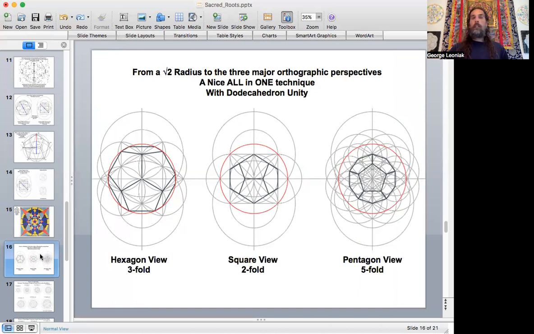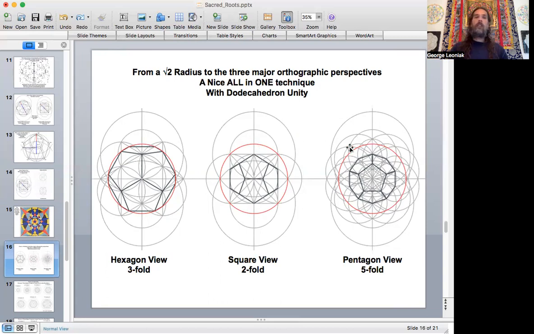So let's go ahead and take a look at this because I wanted to really work with that √2 radius circle. I had a lot of fun looking at the other 3 major orthographic perspectives. So it really provides a nice all-in-one technique. And whenever I come up with a new circle template, I often like to try and draw the dodecahedron because it's a little more challenging than the icosahedron usually. And I wanted to see if I could go to any of these 3 views just by adding that red circle.